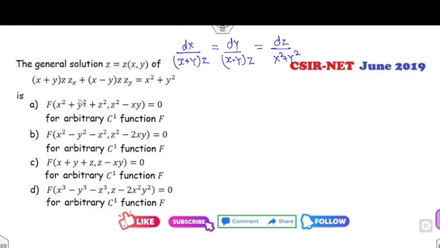Again, your targets are x square, y square. How can you make them? I can start with dx, dy and this. Fine. We will see if it is 0 or not.